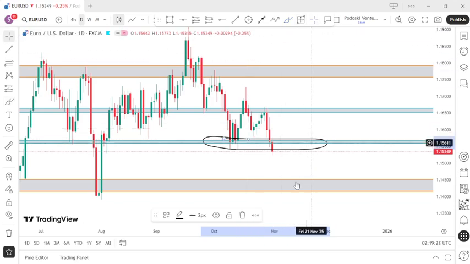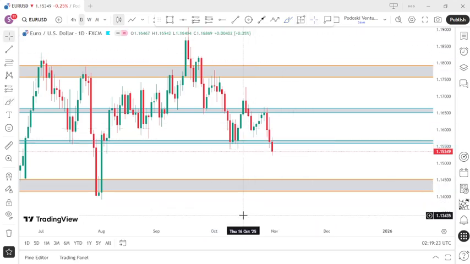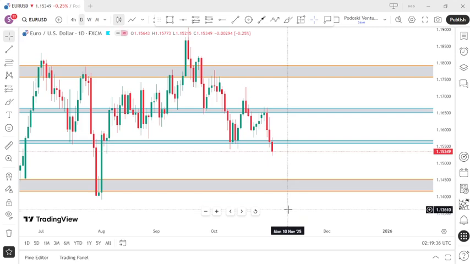Because price has broken out of that demand zone, and from the monthly time frame we are looking at a selling market, we should be expecting price to come back for a retest before we sell again on Euro USD. So that's all I can see on the daily.